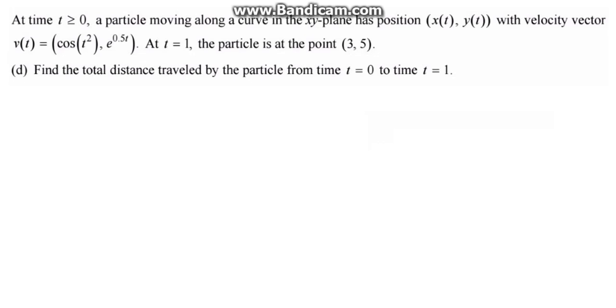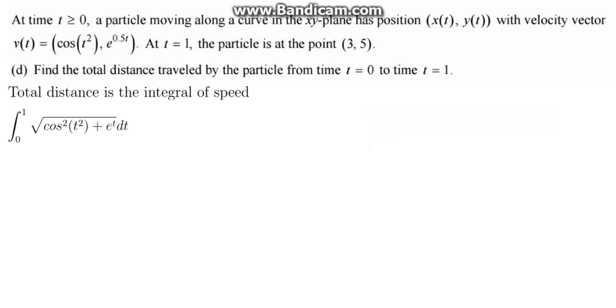Part D. Find the total distance traveled by the particle from time t equals 0 to time t equals 1. To find total distance traveled, we need to take the integral of speed over the designated time interval. We know speed from the last problem is the square root of cosine squared of t squared plus e to the t.